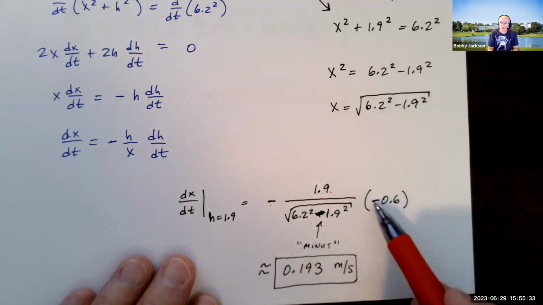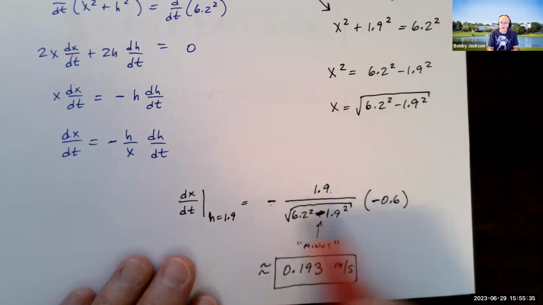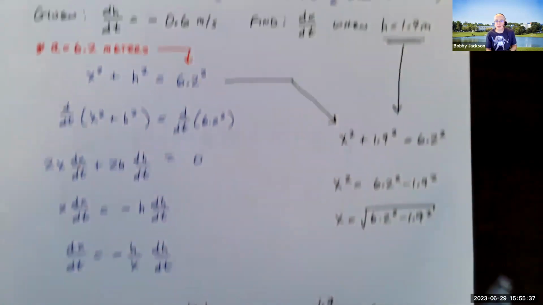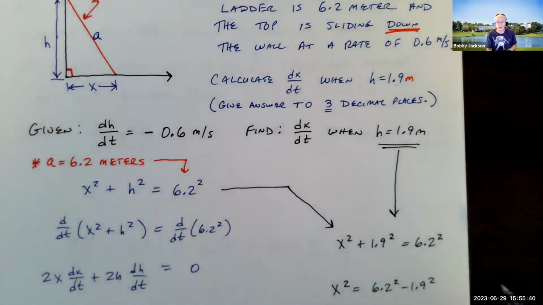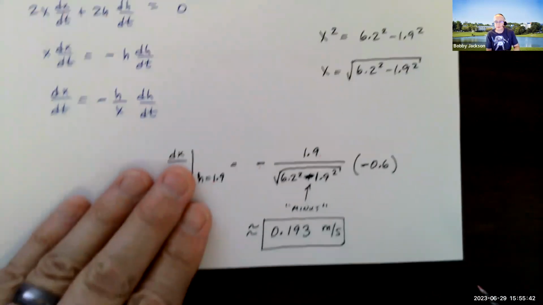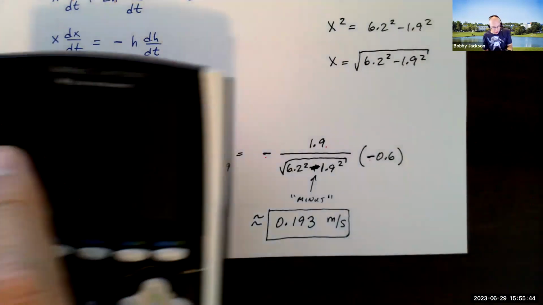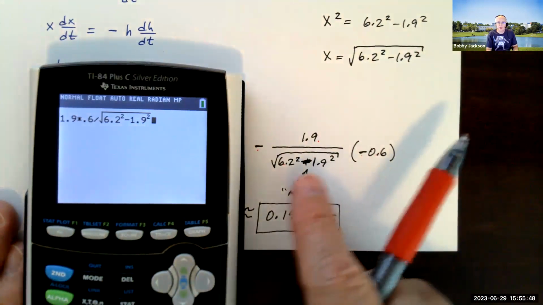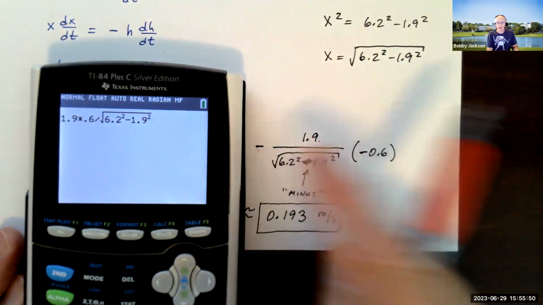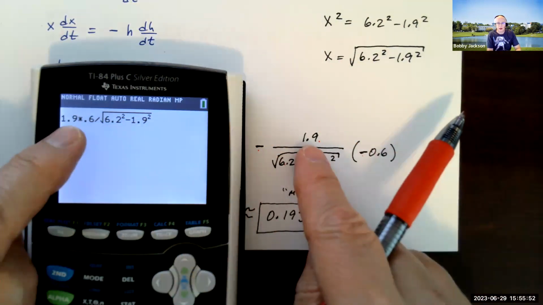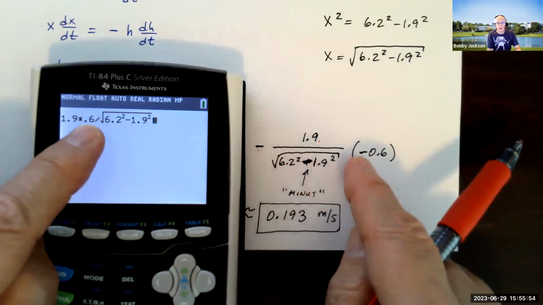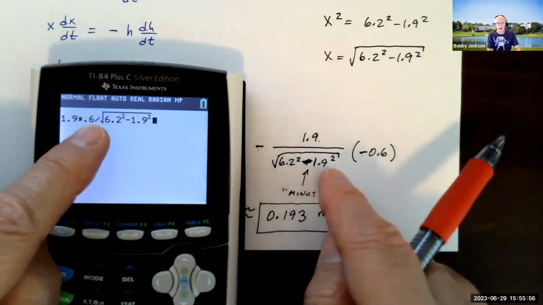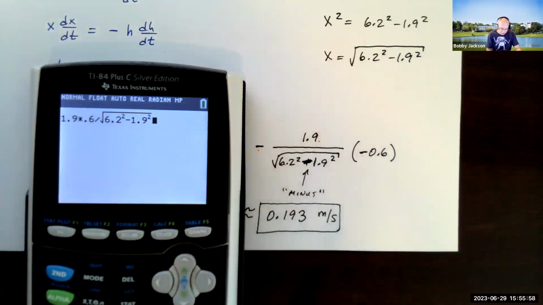That's important because this negative and this negative will make this positive, making dx/dt positive, which indeed it should be, as we discussed. All right, so we just evaluate this expression. I've got it in my calculator here. I got rid of the negative signs, since negative times negative is positive. So I've got 1.9 times 0.6 divided by the square root of 6.2 squared minus 1.9 squared.